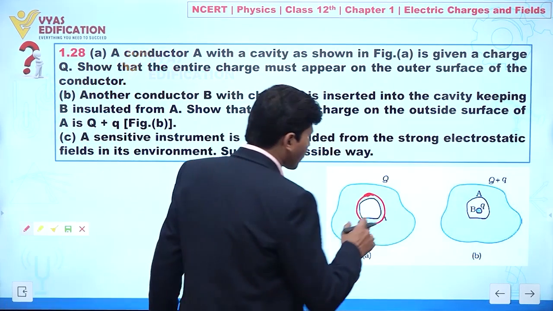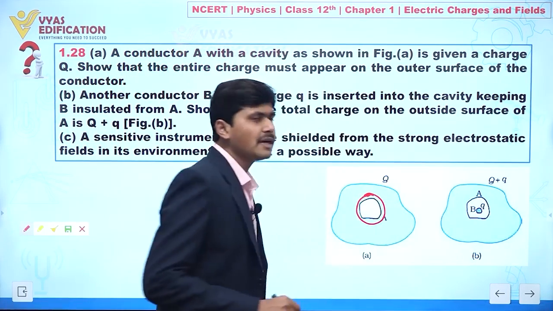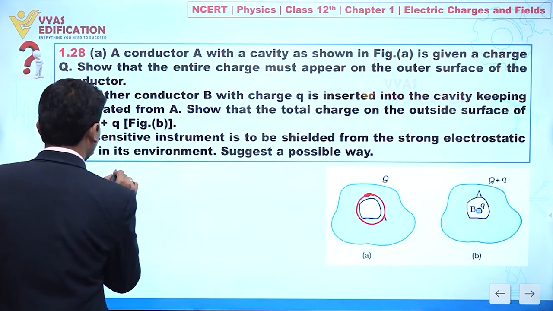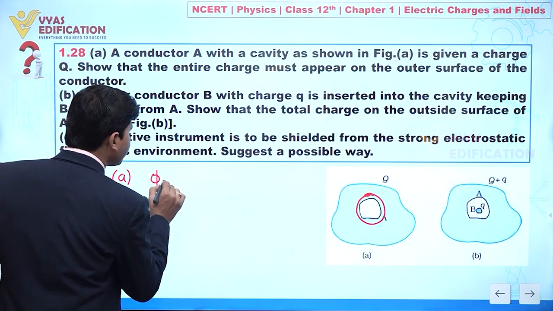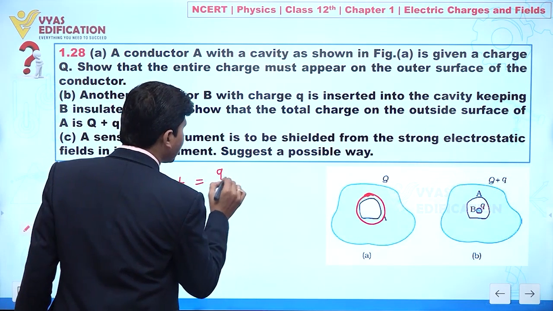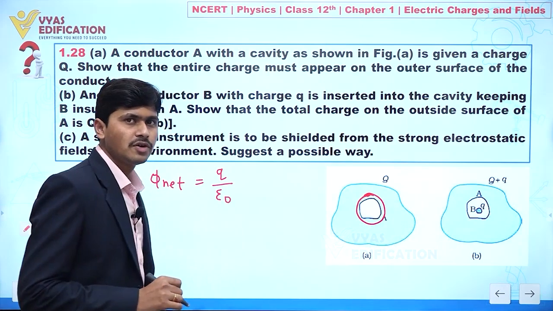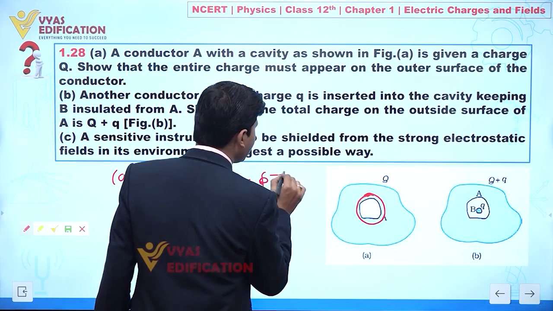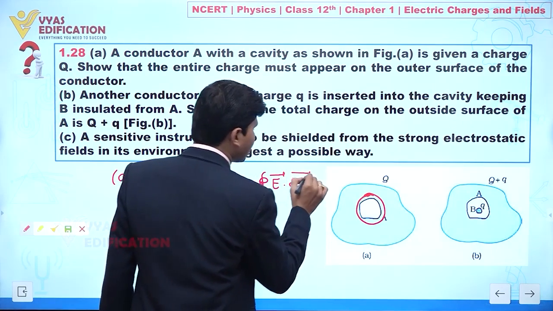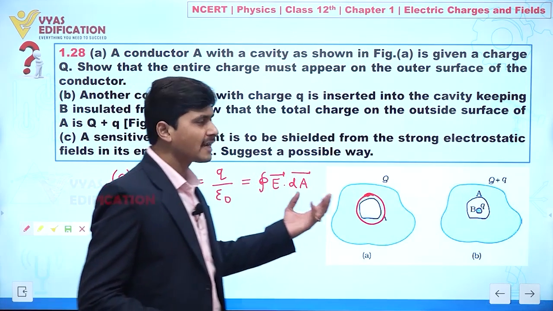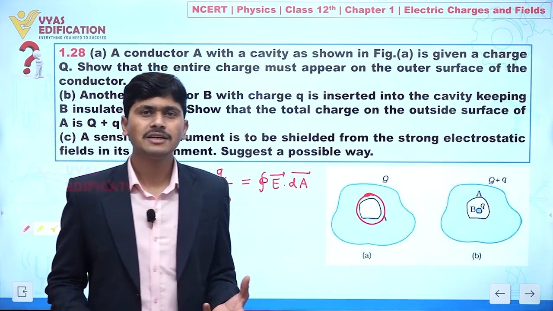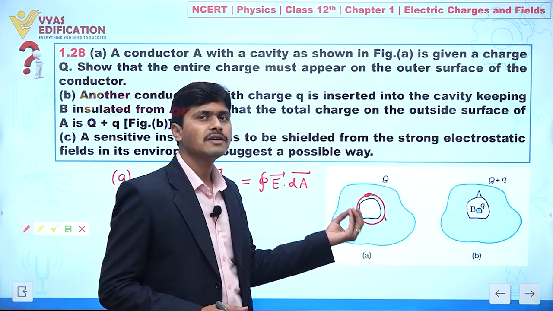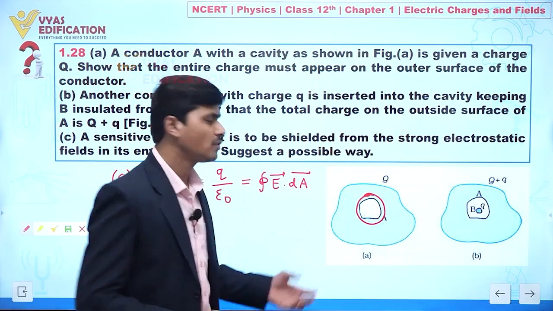Now, according to Gauss law, the flux should be equal to Q by epsilon naught, and this is also equal to the integration of E dot dA. Now we know that inside a conductor the electric field is 0, so in the cavity we have E equal to 0.